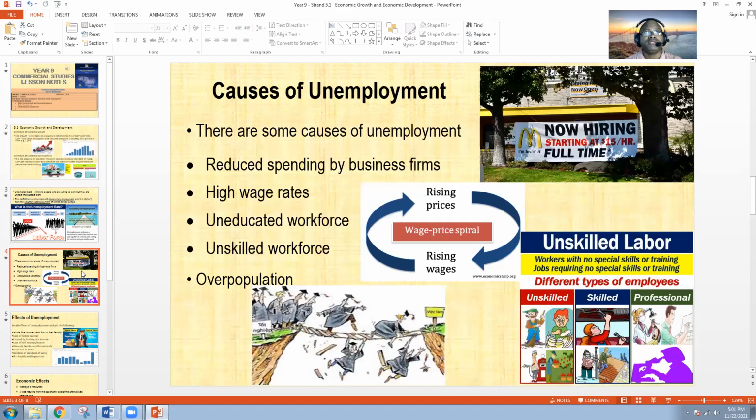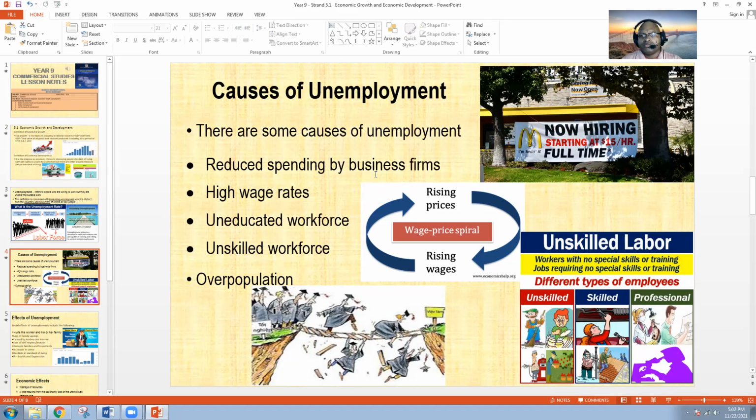Before the next page, we have causes of unemployment. There are many causes of unemployment. One is reduced spending by business. When a business goes through a reform and reduces the workforce, that's where people become unemployed. It has happened in Fiji in some workplaces, where many people became unemployed because the company went through changes to reduce spending.